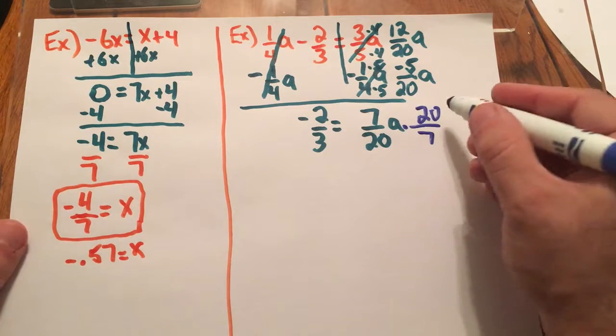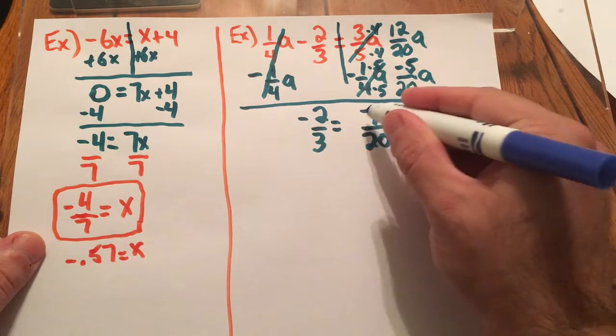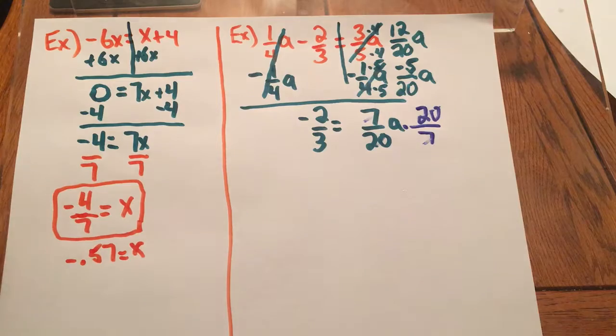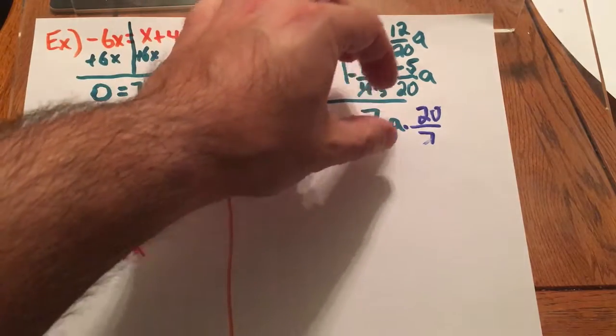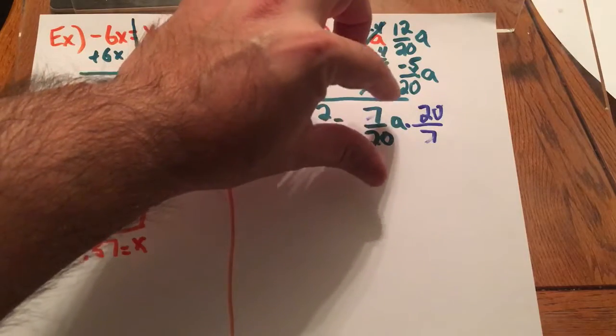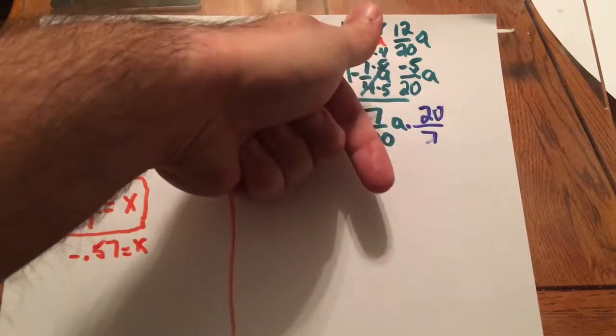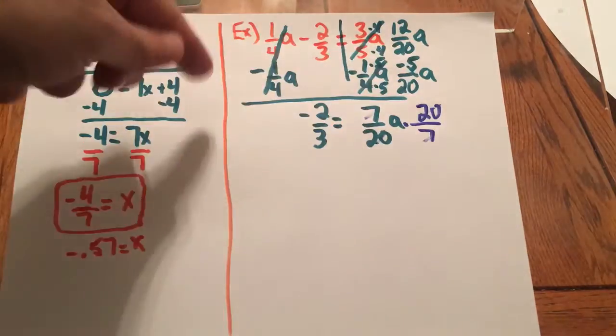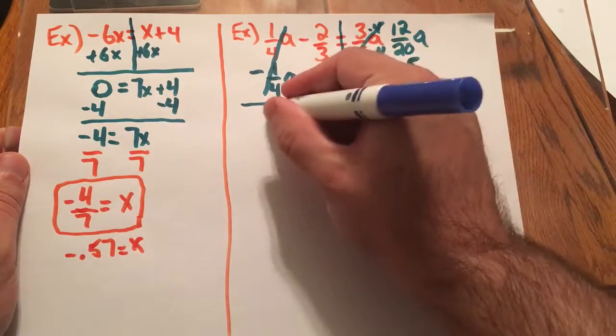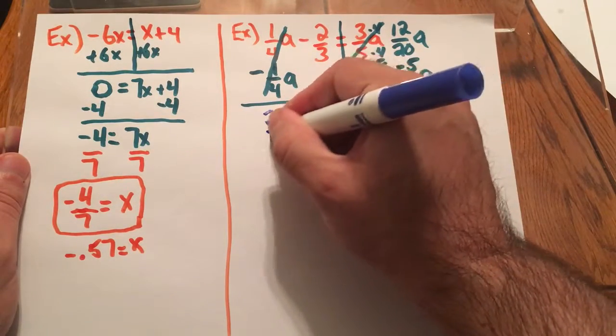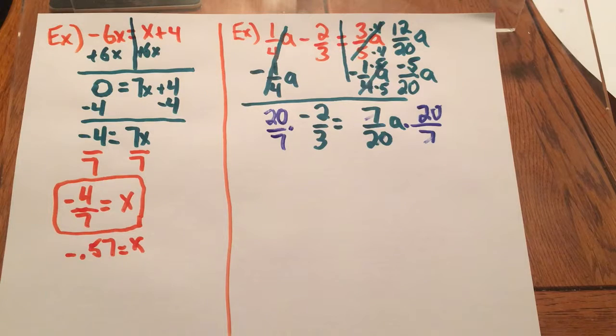But the reason we do this is so that they cross reduce on those sides, and you're left with just a on that side. So the rule is, when you have a fraction times a variable, to get the variable by itself, you flip-flop the numbers and then multiply both sides by that number. Okay?